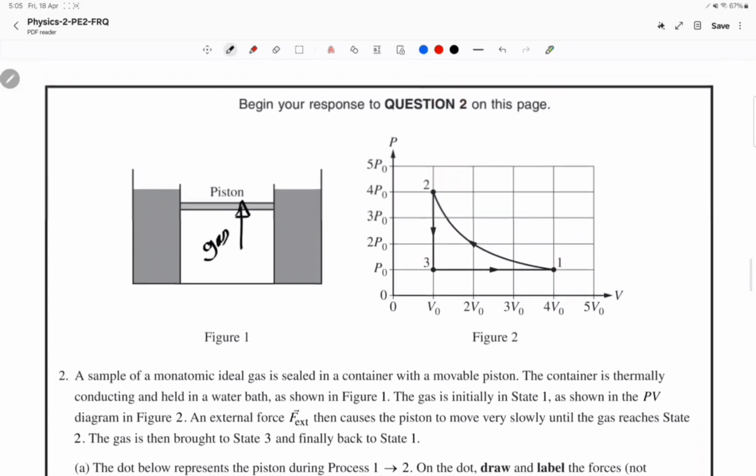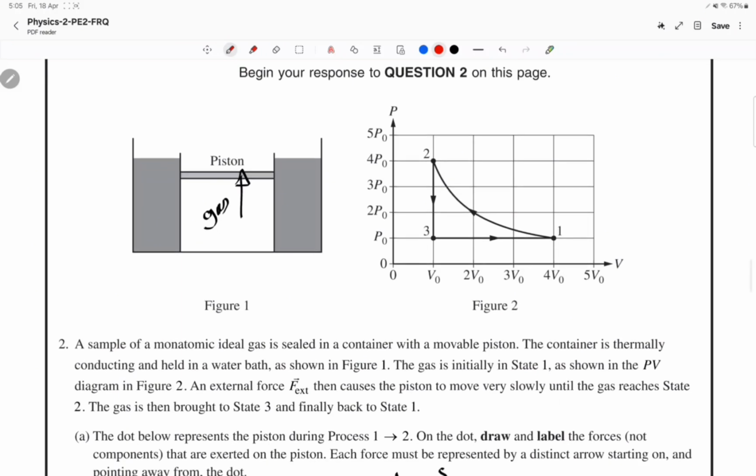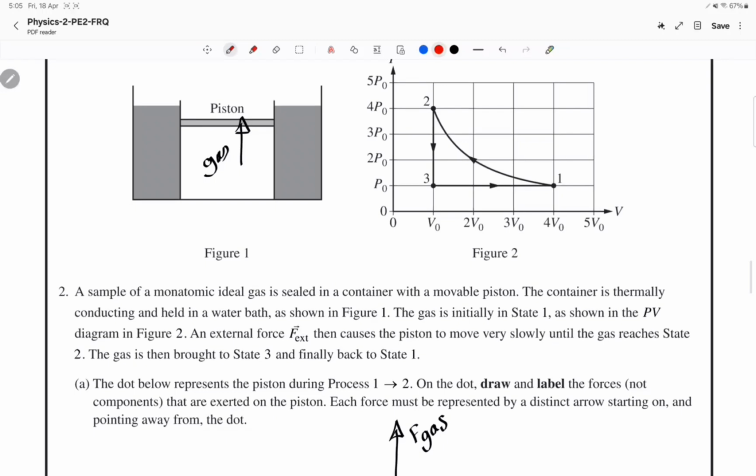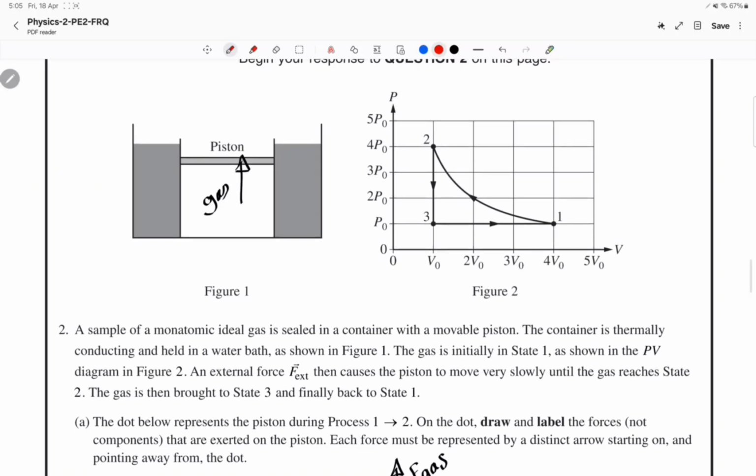What's pushing down on the piston? Does the piston have weight? It says movable. It doesn't mention weight, I think. No. We're going to assume it has weight because pistons always have weight. They always do. It's either a block or a piston.